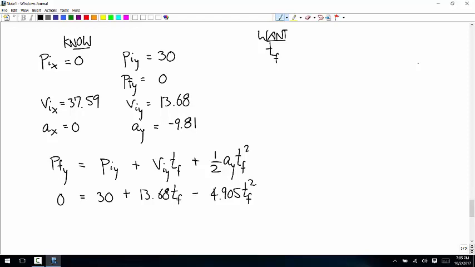And we have to use the quadratic formula for that. Could someone calculate that for me? Okay, so Tf is equal to 4.23 and then a negative 1 point something. Anyway, we don't want the negative one. So this is the one we want.